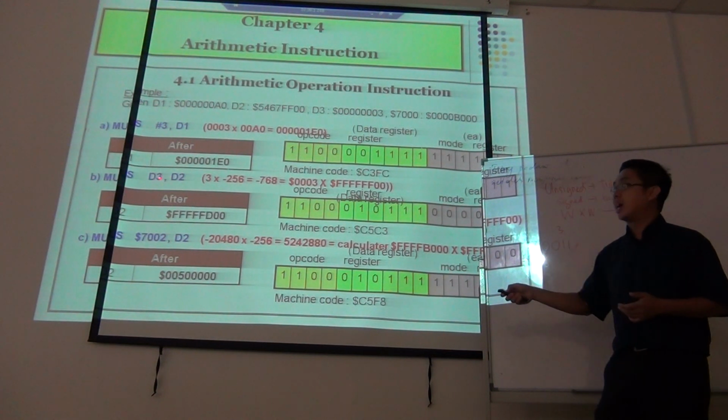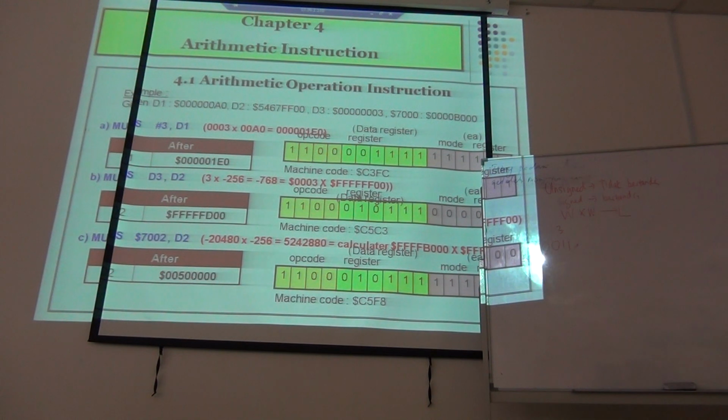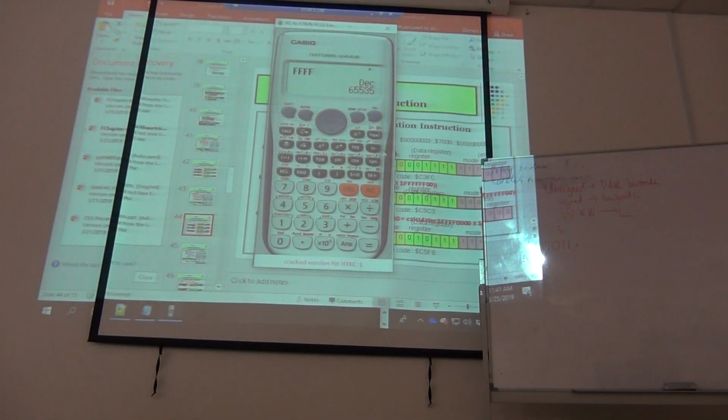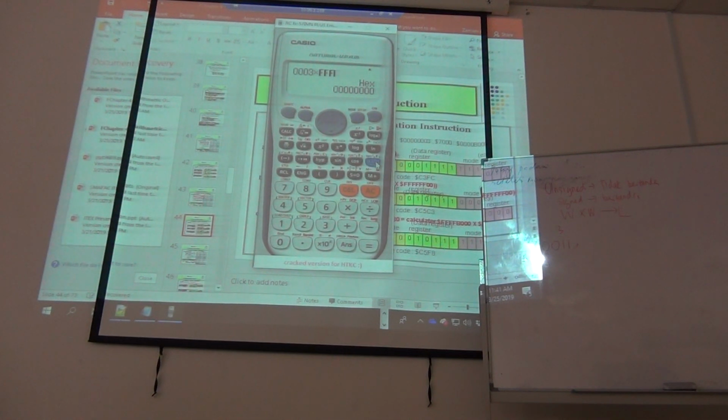So what does it mean that you are going to use this calculator in hexa? Actually everything first is 003 times FF00.